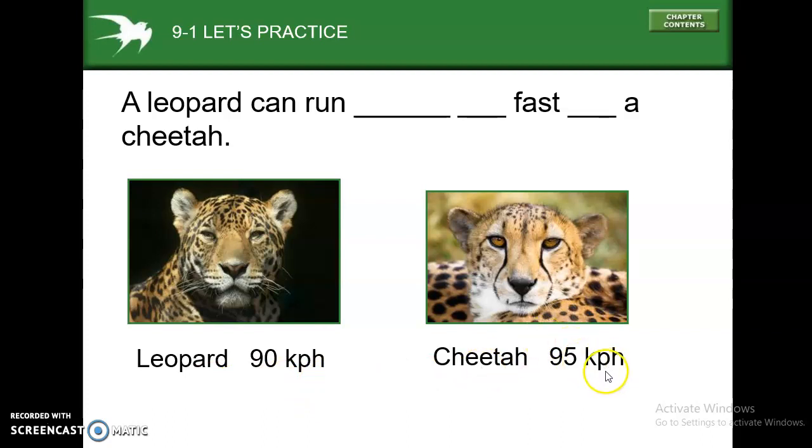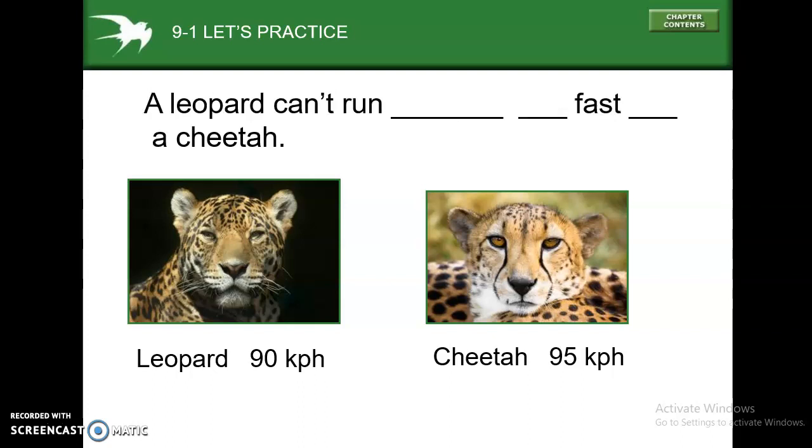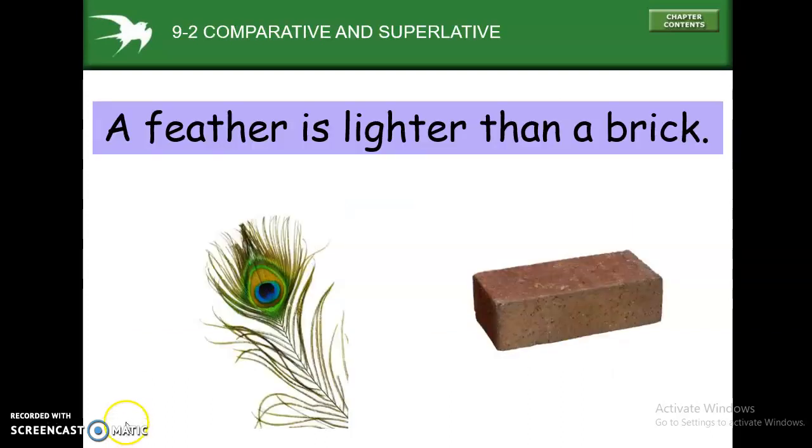So we can say that a leopard can run nearly as fast as a cheetah. What about this one? A leopard can't run quite as fast as a cheetah. Yes. Okay, now we go on.